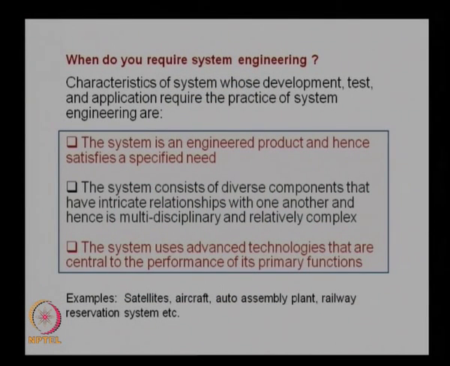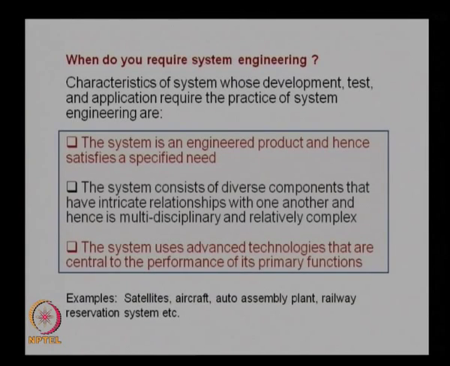conditions. There is multi-domain expertise needed. There are a lot of interactions between different domains and different subsystems, and there are advanced technologies used. For example, take the railway reservation system, which is one of the best online systems we have for booking of railway tickets. You know that there are multiple subsystems. There are customers, booking agents, railway station booking facilities, centralized servers, and payment agencies.